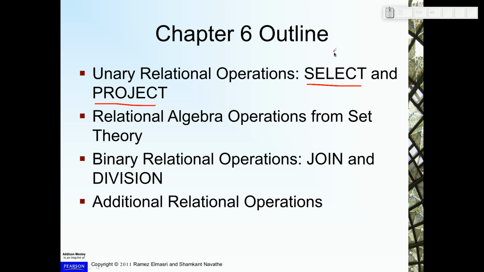Now, this select is represented with this sigma symbol, like a lowercase sigma, and this project with this pi representation, which is like the product. This is going to be the representation for those two operators.